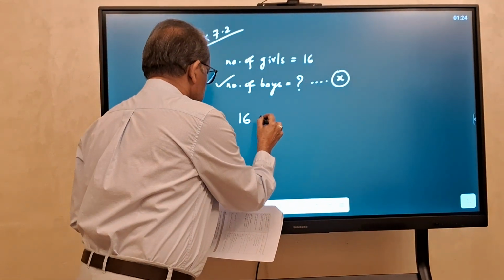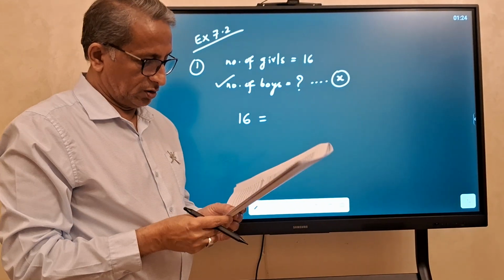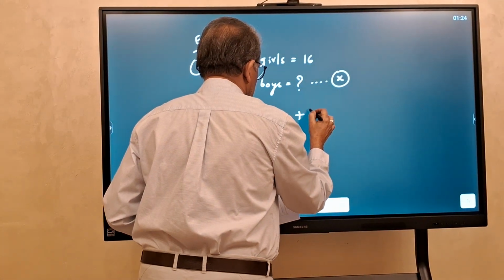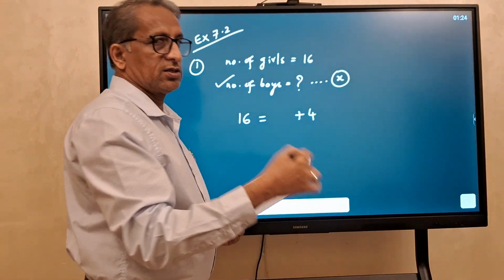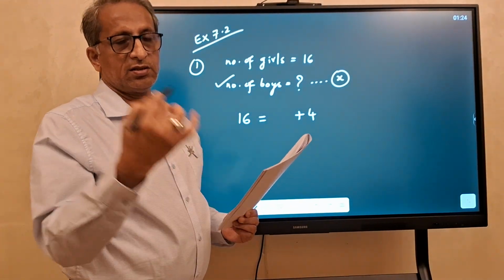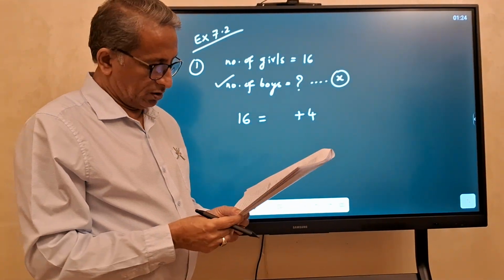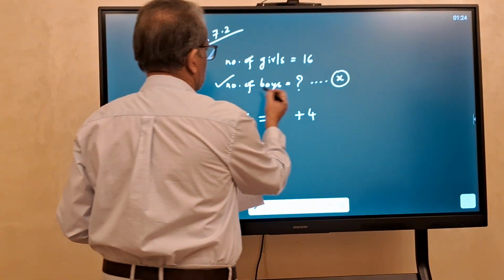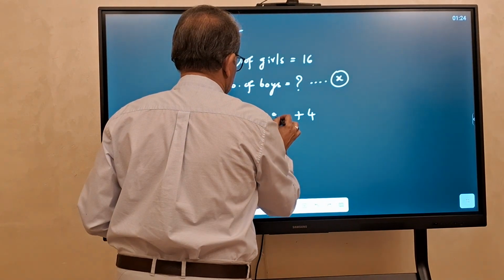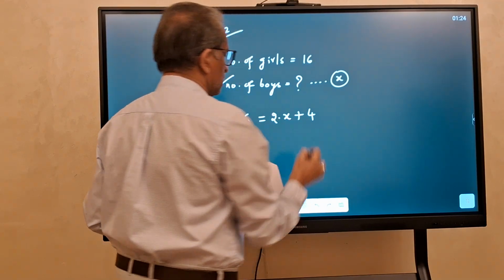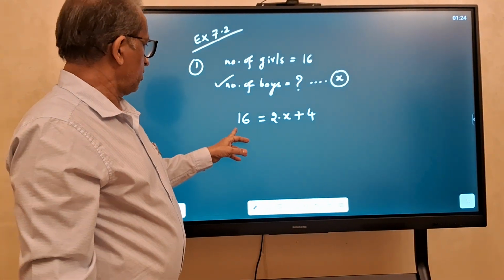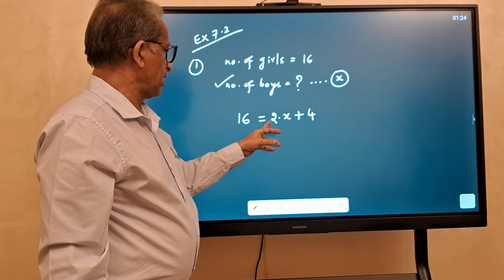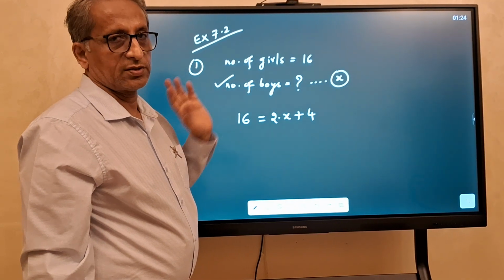"Is" means equal. 4 more means plus 4. Increase, more, plus; decrease, less, minus. 4 more than twice the number of boys. The number of boys is x, and twice means 2 times. So the number of girls is 4 more than twice the number of boys.